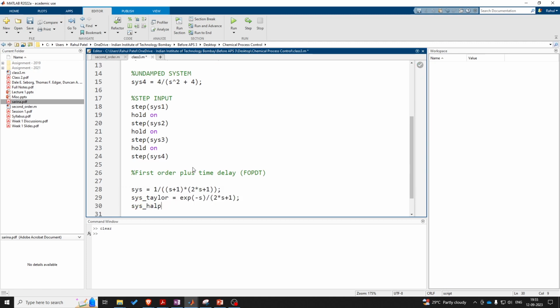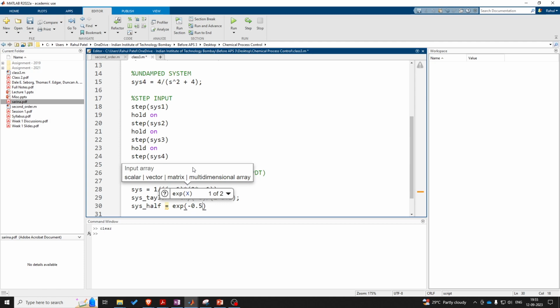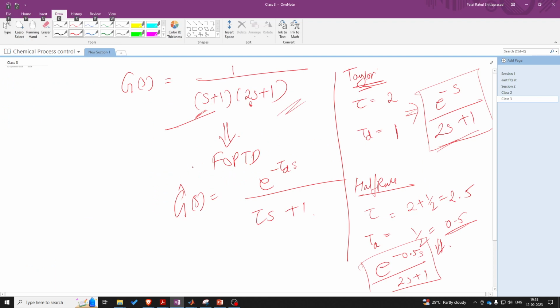Based on the half rule, it was exponential of minus 0.5 s divided by 2.5 s plus 1.